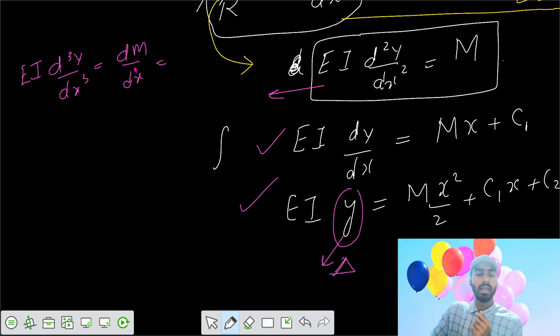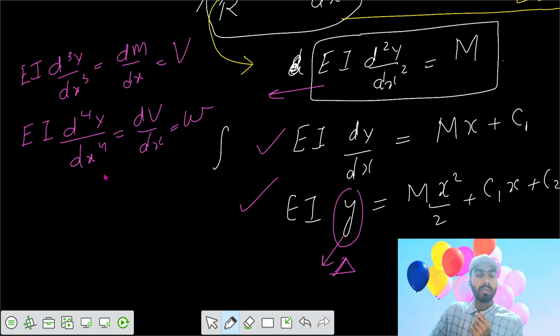We know that the slope of the bending moment diagram is the shear force. So we can write EI d3y by dx3 equals the shear force. Similarly, we can differentiate one more time, so we get EI d4y by dx4 equals dV by dx, which equals the loading intensity.